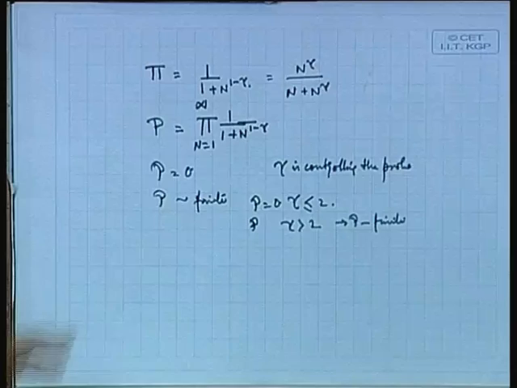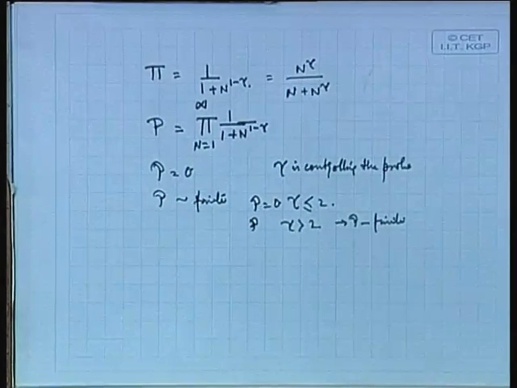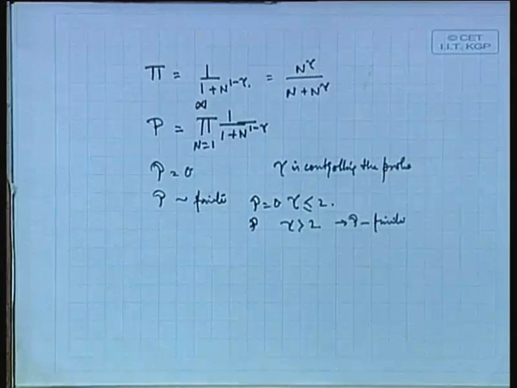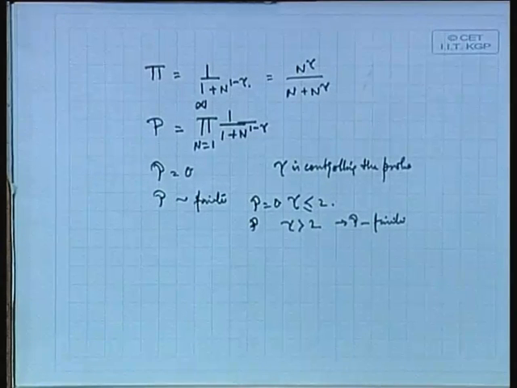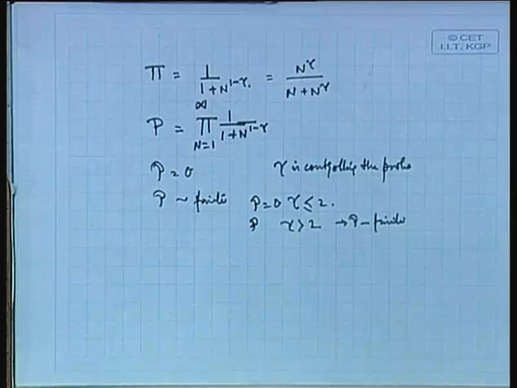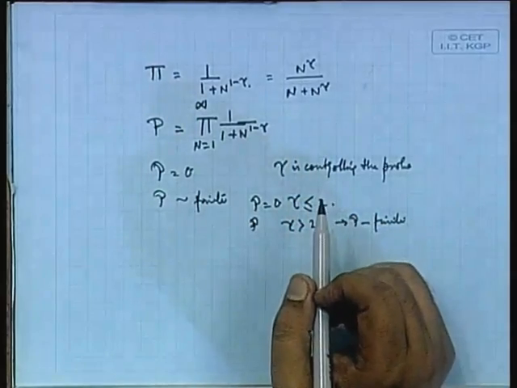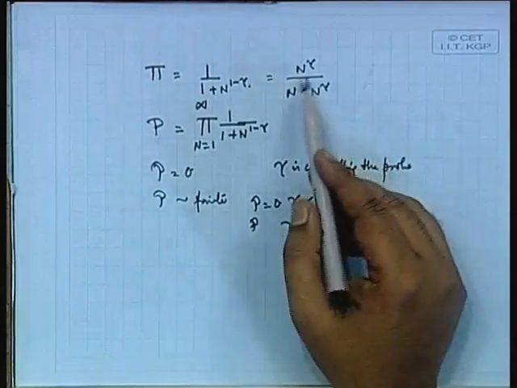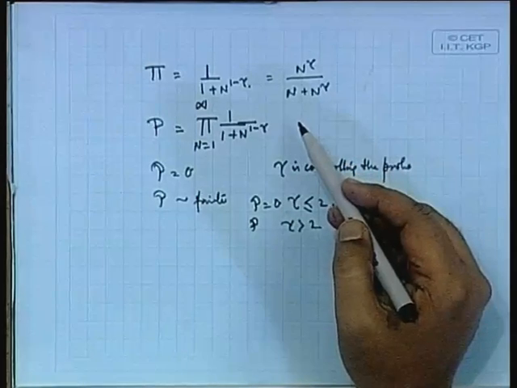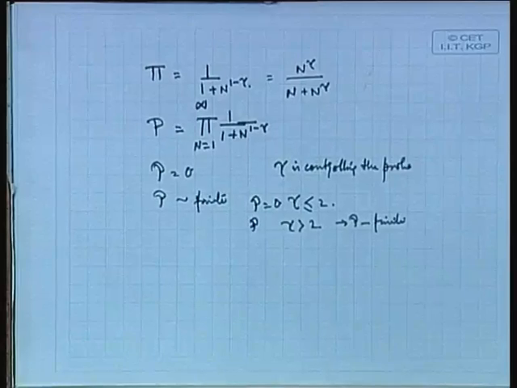I will not do this; it is a series convergence problem, which you can do. Actually, we have considered that n is very large, and we cancel out, and in this equation we are putting from n equal to 1, which won't be valid for a smaller n. Yes, n minus 1 is large enough.